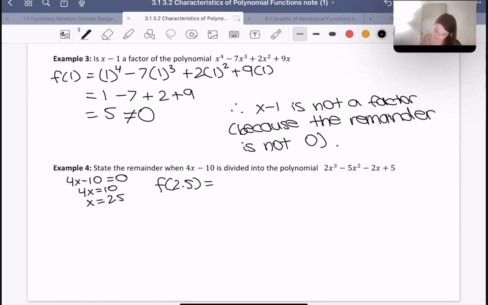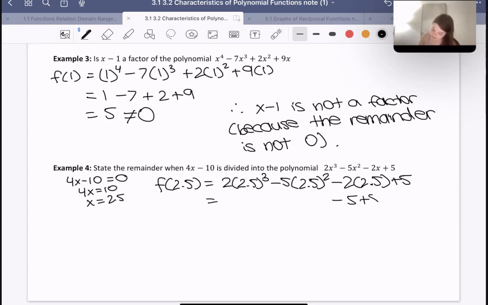So let's see, we have 2 times 2.5 cubed minus 5 times 2.5 squared minus 2 times 2.5 plus 5. So over here, these are going to cancel out because this is minus 5 plus 5. What about over here, though? Let's see. Here we're going to have 31.25 minus 31.25. Oh, so those cancel too. So we actually do get 0 here. So therefore, the remainder is 0.